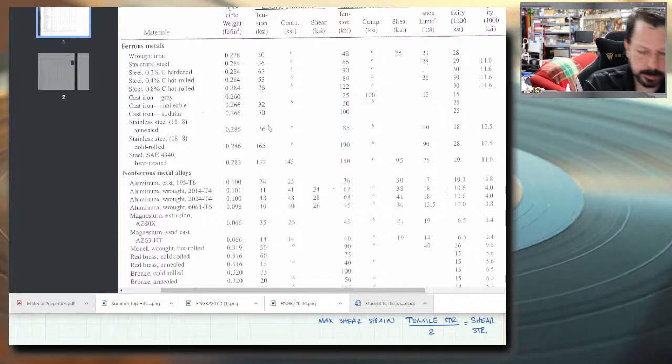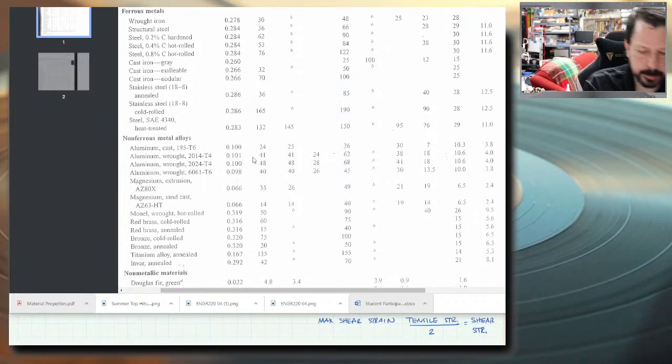Most steels, if you have that tension number, then you know the shear number because you're going to apply your failure theory, divide by 2 for us, or you're going to just know that the compression and tension are the same value for most ductile metals, so most steels. Stainless steel even is the same, but there is this heat treated steel that has a little bit different compression and tension.